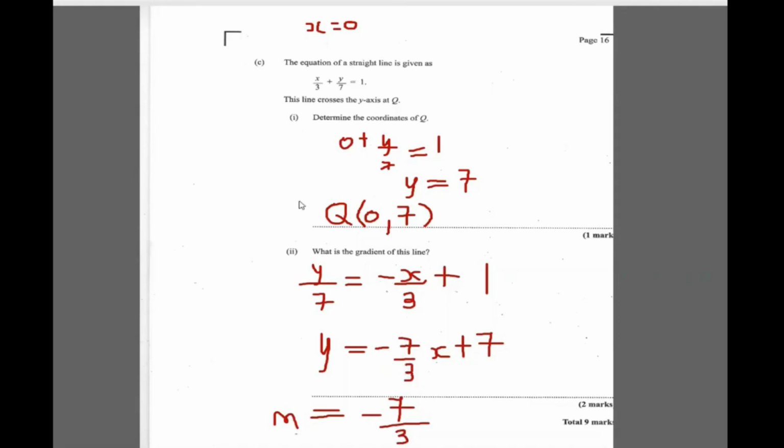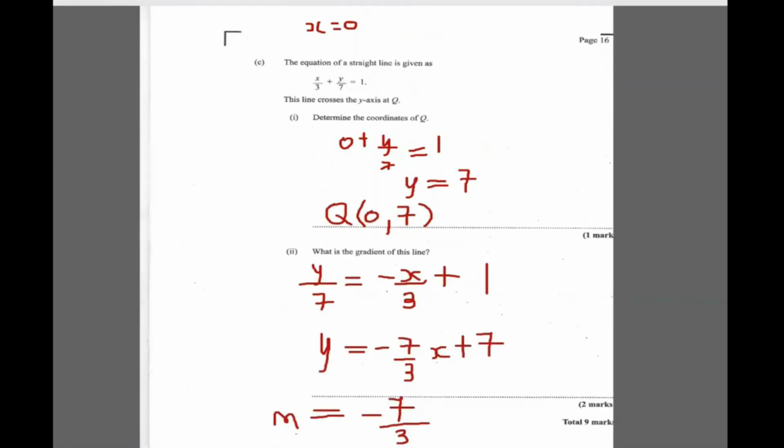That's one method of doing it. Let's say you couldn't bother to do all of that. An alternate method, and it's always good to use other methods, is this: you know that there's a point (0, 7). Now you can find another point on the line.